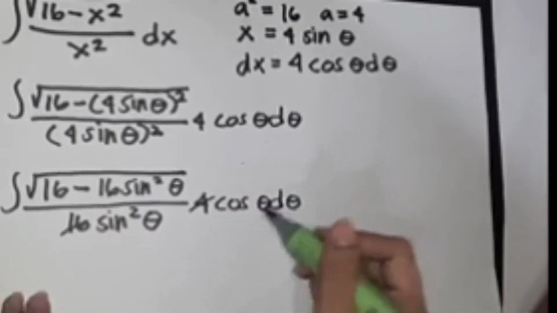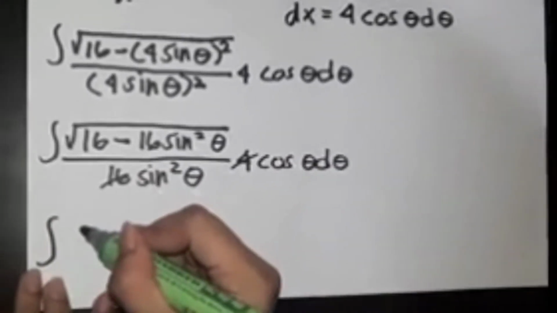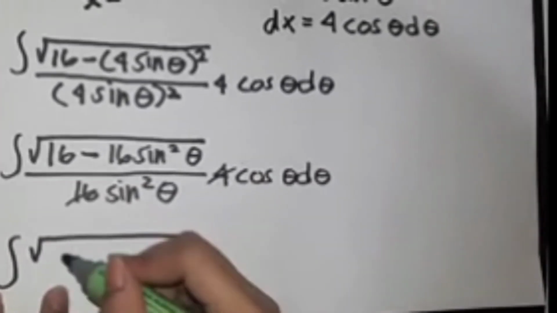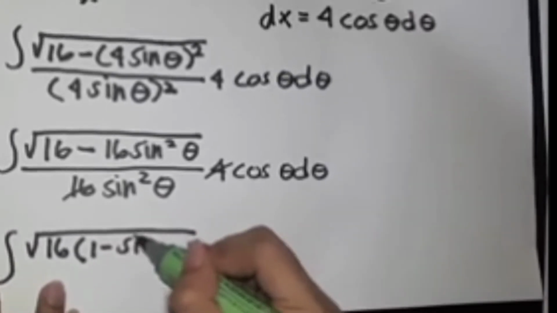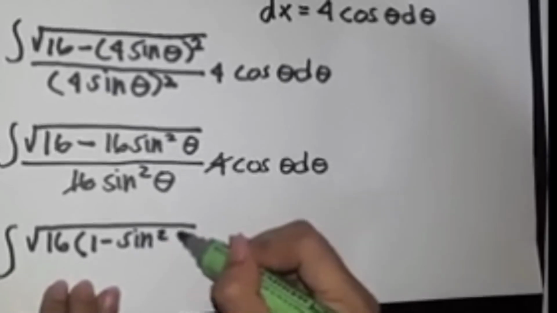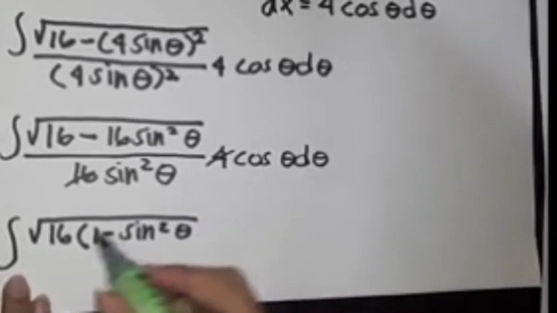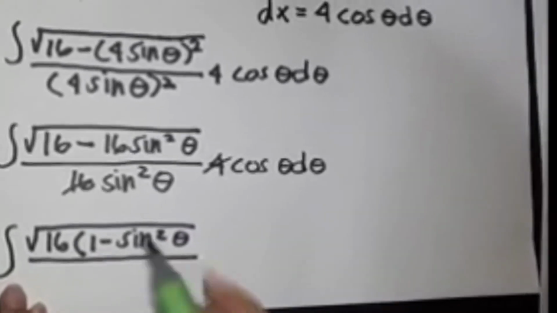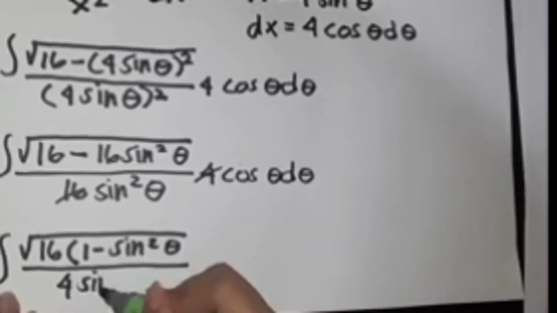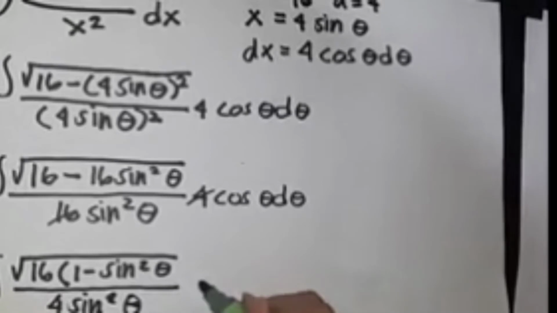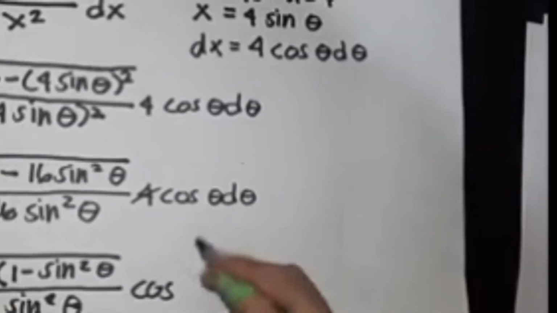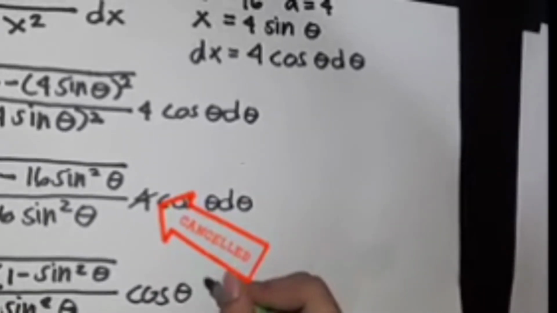Obviously, we can now cancel 4 and 16. Now, we need to take out 16 inside the square root. So we can have integral square root of 16 times 1 minus sine squared theta over 4 sine squared theta. And our dx is now cos theta d theta because 4 is cancelled.